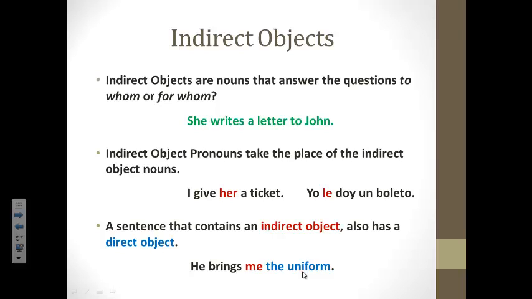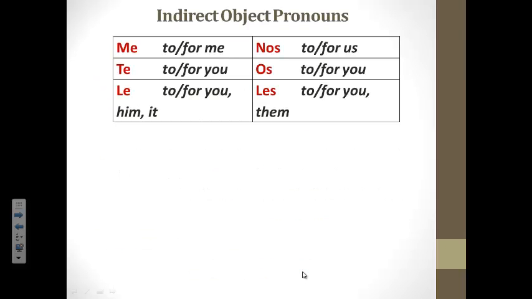Let's take a minute and fill out in section 2 of your note guide. Let's fill out the box with all of our indirect object pronouns. Those are me, te, le, nos, os, les. And you can see there under their meaning that, again, you've got to or for me, to or for you.